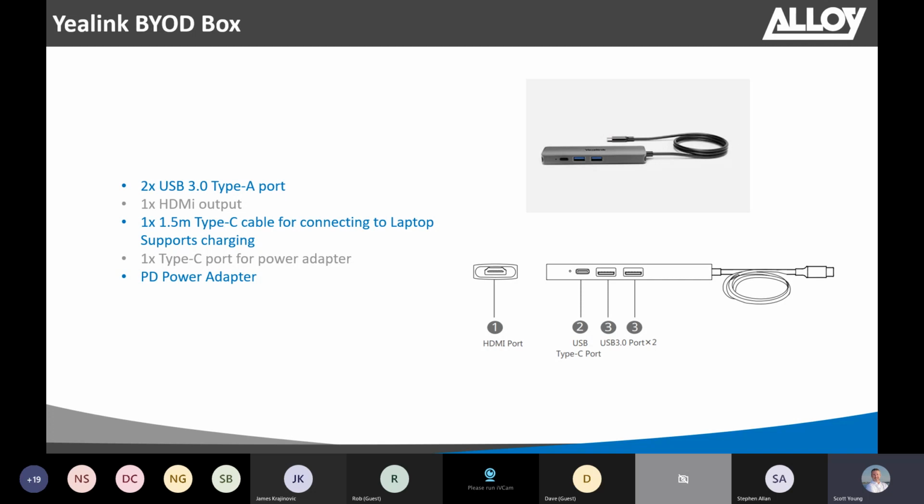But what we would then need to do is plug our HDMI cable directly into our laptop rather than via the HDMI port on our BYOD box. So that's just the cases where the laptop that we're using doesn't support video pass-through on their USB-C port.